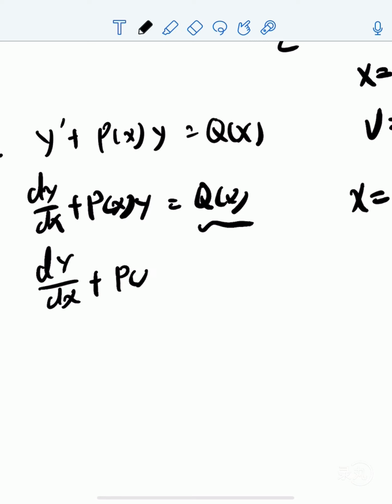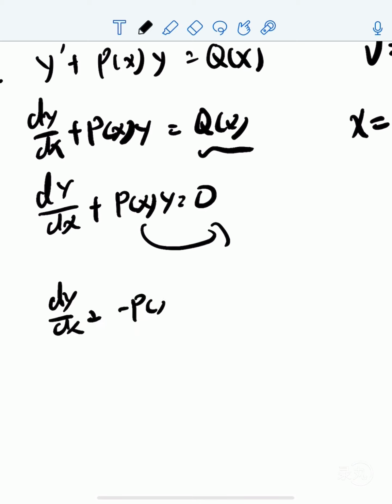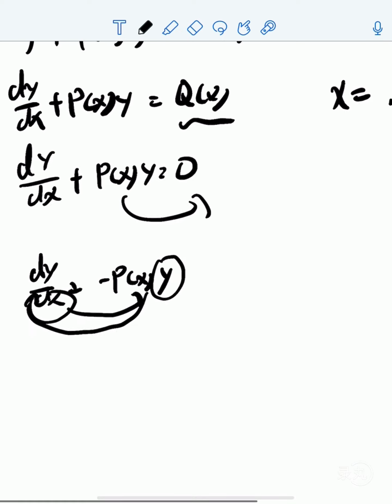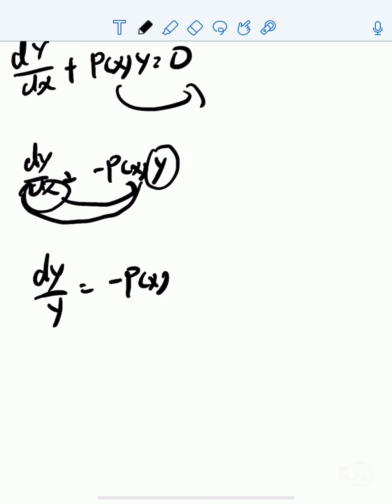If we move it to the other side, we get dy/dx equal to negative p(x) y, and if we divide by y and move dx to the other side, we get dy/y equal to negative p(x) dx.